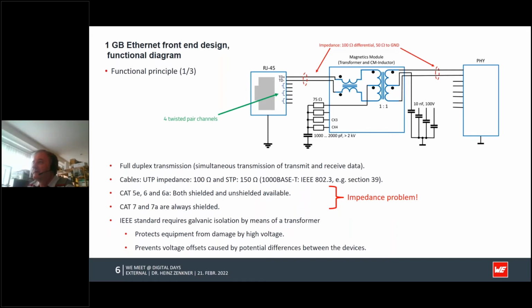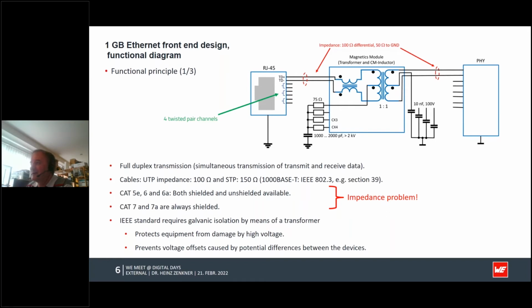Here you see the transformer, which normally protects the equipment between the long cables from damage by high voltage, because a long cable can collect disturbances, whatever the reason, can be capacitive, can be inductive, there can be many reasons, or galvanic potentials between the two spots between the hub and the PHY.